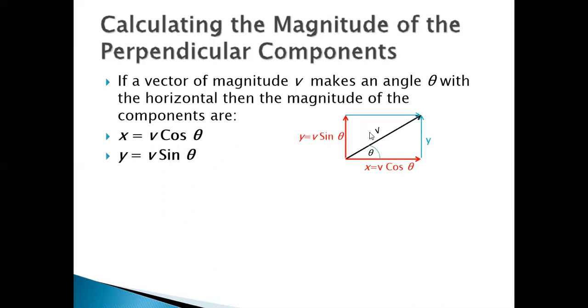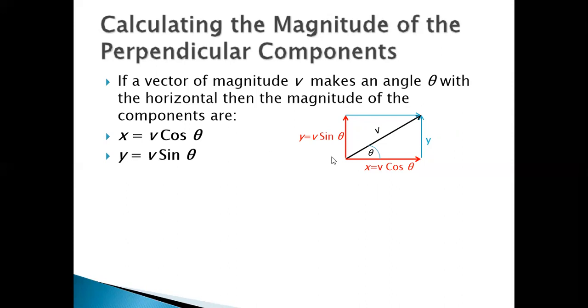You can see it drawn here, the magnitude v is labeled v, and it makes an angle theta with the horizontal. So x is going to be v multiplied by cos theta, and y is equal to v sine theta. What does this mean?